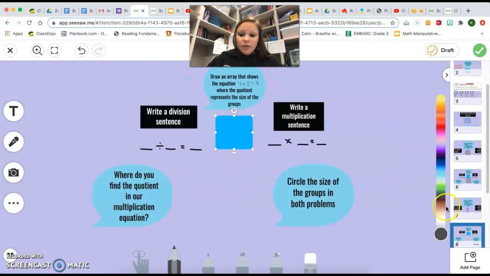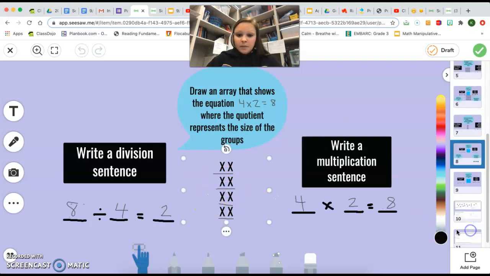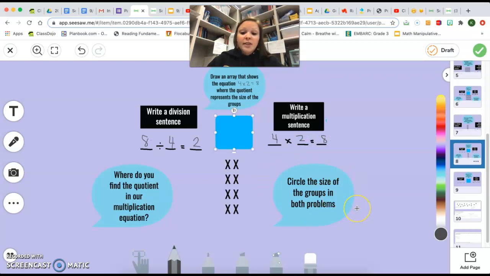So we are going to look at the same array here, and we're going to talk about this same problem. So we had a total of 8. We divided them into 4 rows, and we know that there's 2 in each row, or we could say 4 rows of 2 equals 8. And we want to circle the size of the groups in both problems.